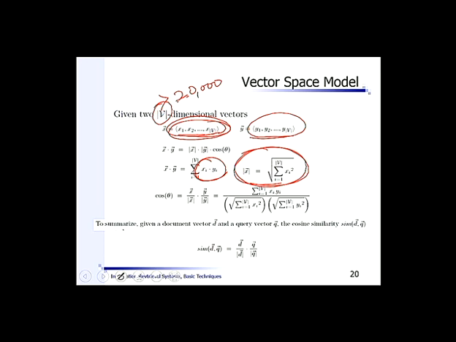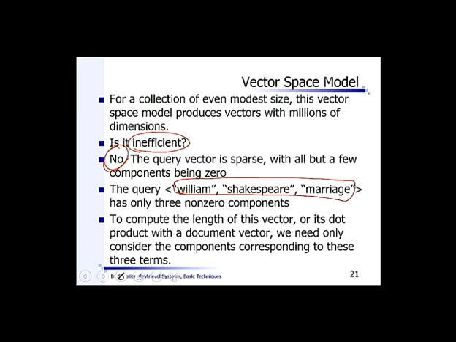Otherwise, most of the components, especially in the query vector, are 0. Whenever you multiply any value with 0, it becomes 0. So we do not need to consider the 0 values, just focus on the query terms and do all the calculation. That is why in a vector space model, although the size of vectors is huge, still the processing required to calculate the ranking of the documents is pretty low.